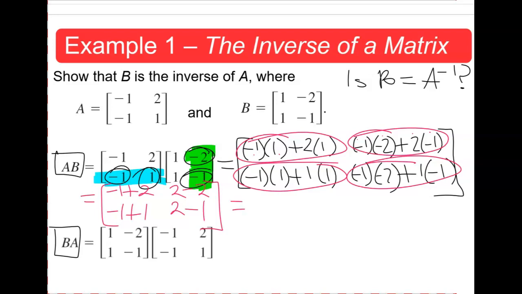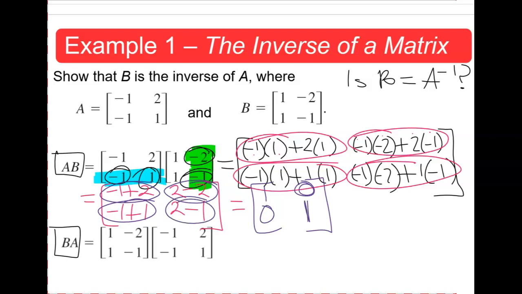And now the next step will be to multiply. I'm sorry, to add. So -1 plus 2 is 1. 2 minus 2 is a 0. -1 plus 1 is a 0. And 2 minus 1 is a 1.